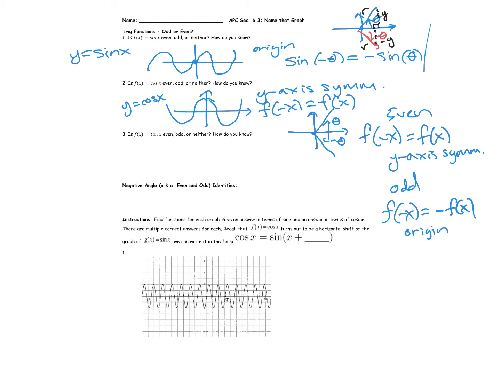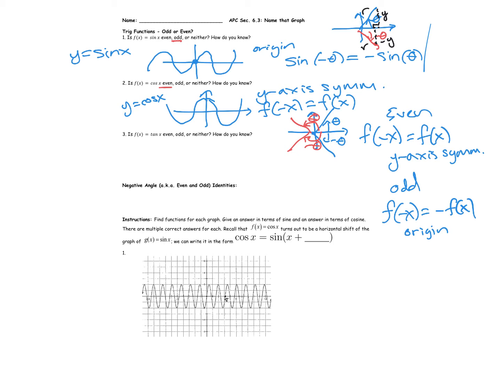Same would be true if I started with a quadrant 2 angle and compared that to the negative, which would be in quadrant 3. In quadrant 2 and quadrant 3, cosine is negative, so the ratio would be the same, and they both would be negative. So cosine is an even function, and we said sine was an odd function.